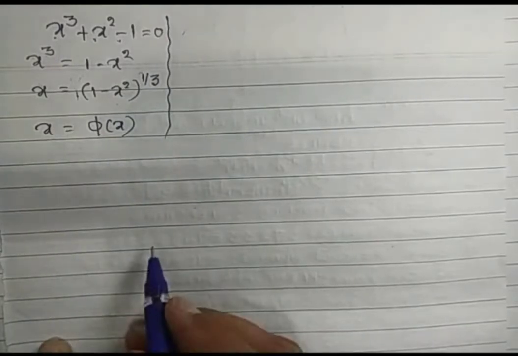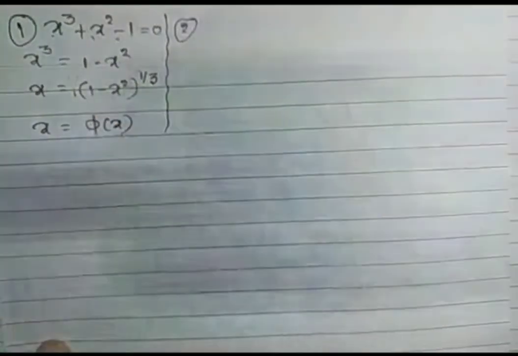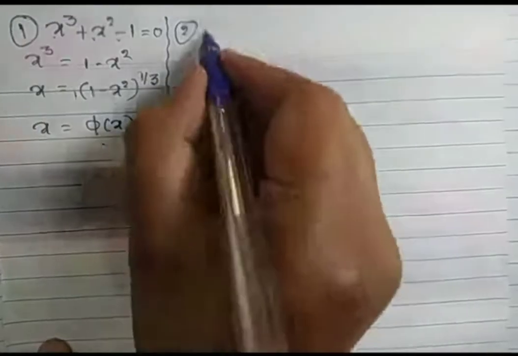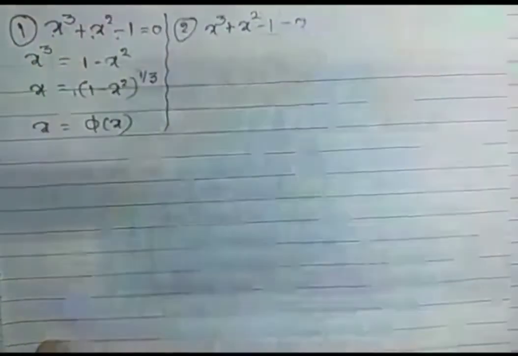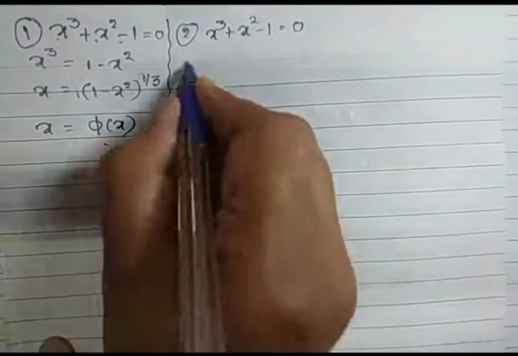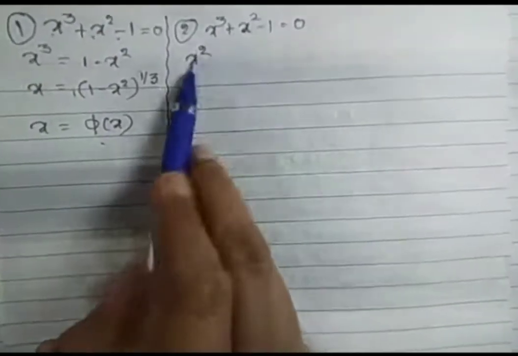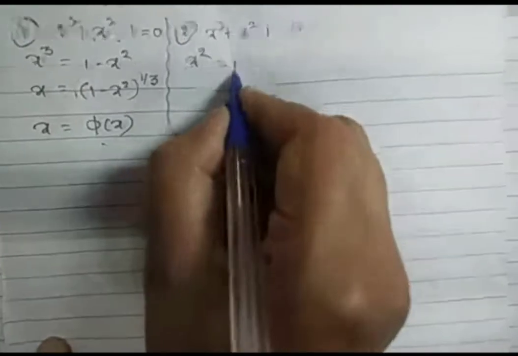Call this case 1. In the second case, again how can we express it in pi of x form? Observe here, x cube plus x square minus 1 is equal to 0. Now I will keep this x square as it is. Don't change this one. Take minus 1 to this side, then plus 1.